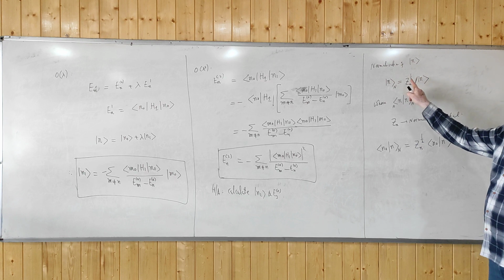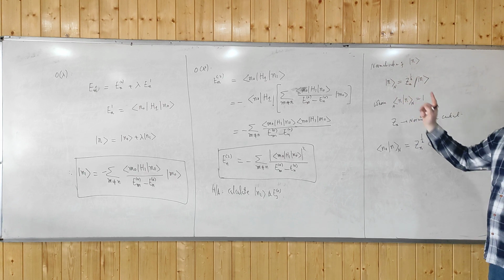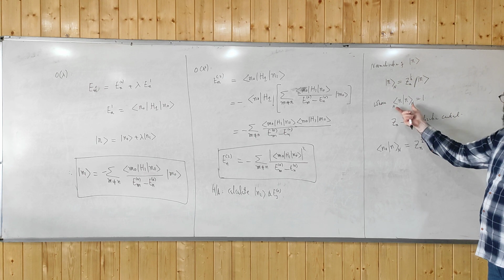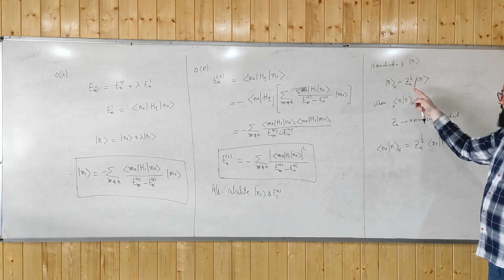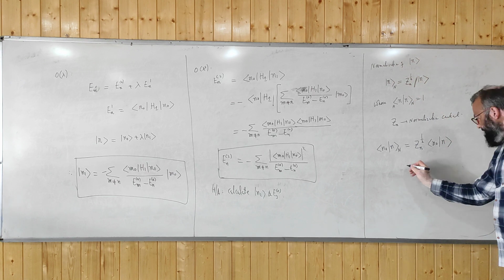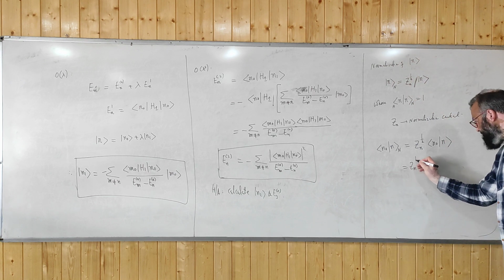I have put half deliberately here. You will see why half is here. Because when you put it in this fashion, bra and this one, so it will get what? 1. Clear? So it is Zn to the half.